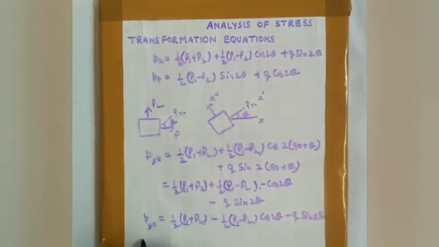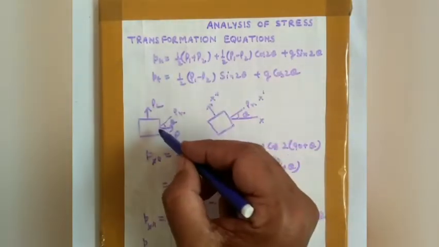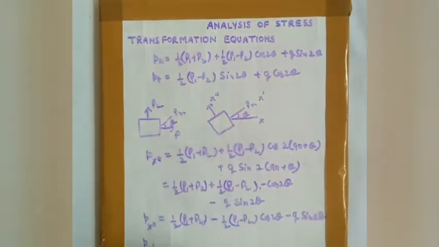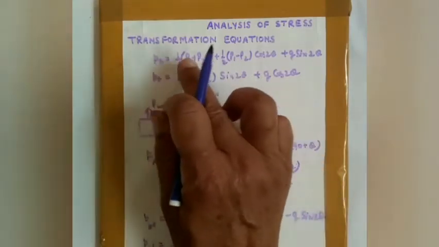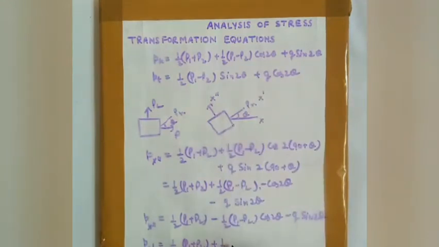If we write P theta along the x1 axis, we have Px dash is equal to the same quantity 1/2 (P1 plus P2). Since it is inclined at theta, we can use this expression plus 1/2 (P1 minus P2) cos 2 theta plus q sin 2 theta.